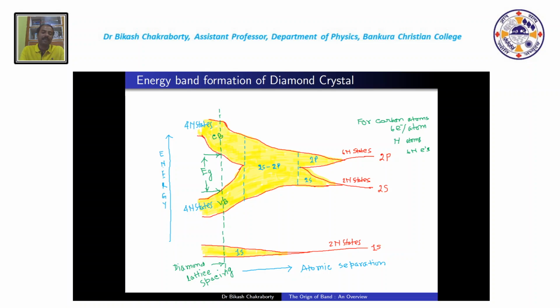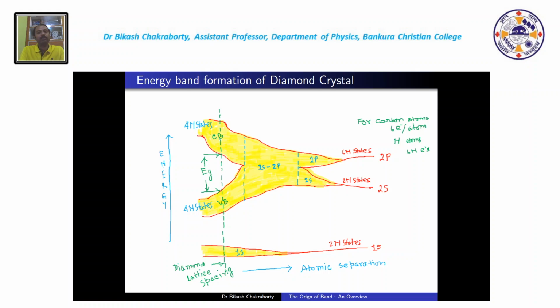Now, at the exact diamond lattice spacing, from the figure you can see the difference between the lowest energy of conduction band and the highest energy of valence band is called Eg, energy gap. Now remember, there are no allowed energy levels. So sometimes it is also called forbidden energy gap.